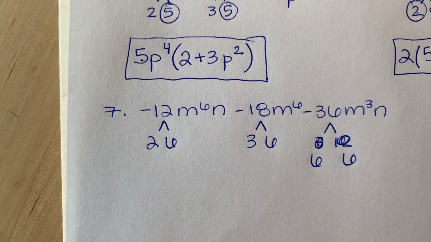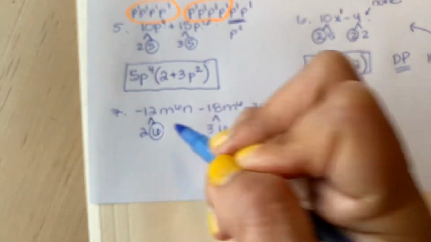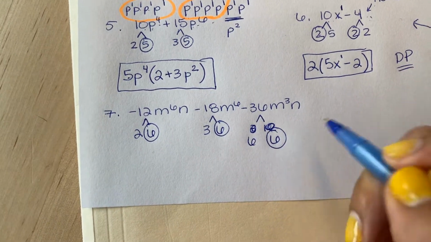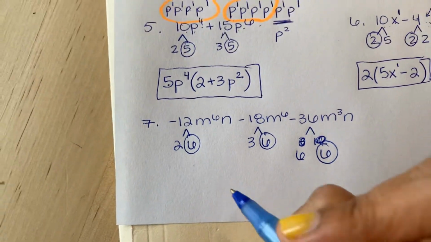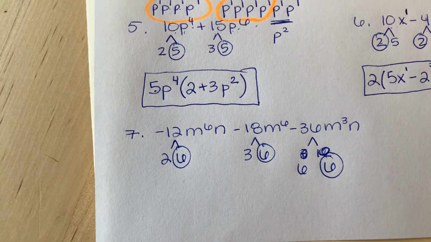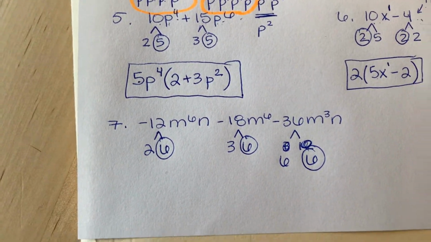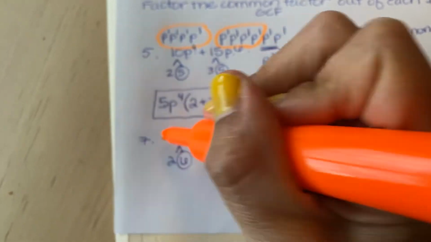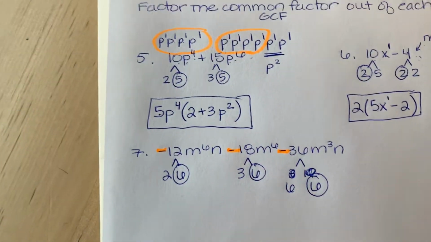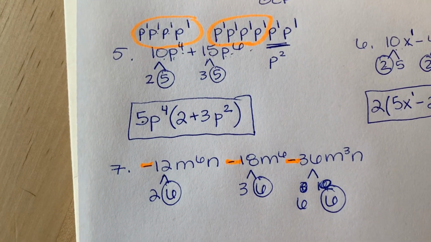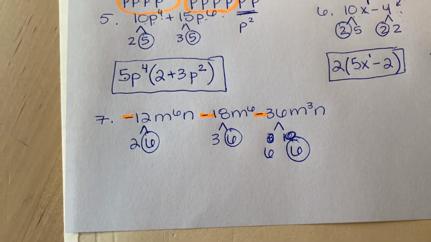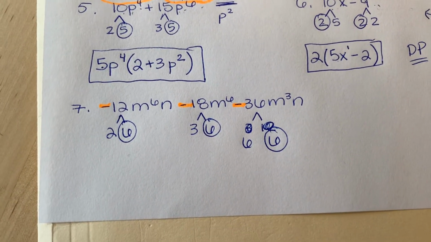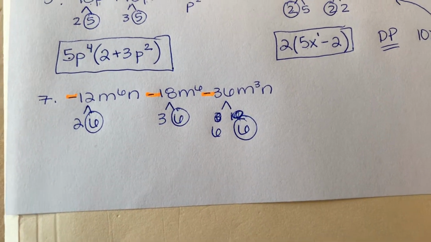And so now, what is our greatest common factor? 6, 6, 6. And it doesn't matter which 6 you circled, okay? All right, so here, but also, what do you also see that is in common? They are all negative. And so this is, you learn this in middle school, and it's a little difficult to throw into this lecture.